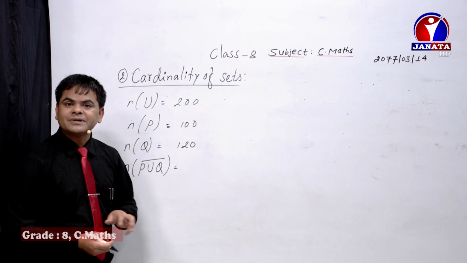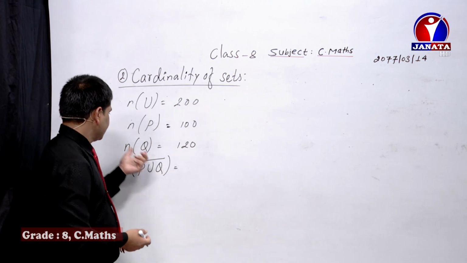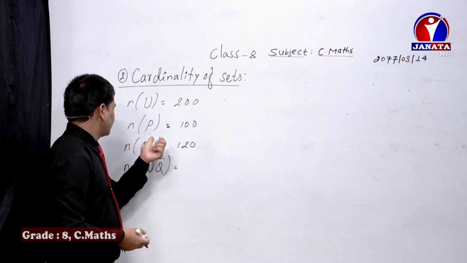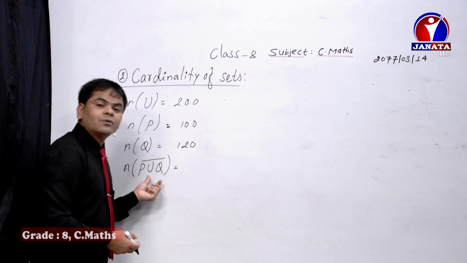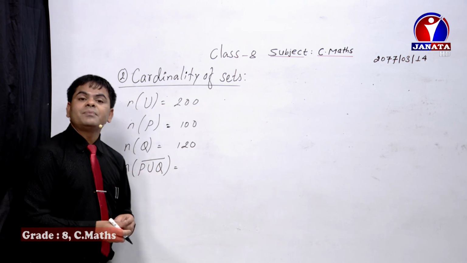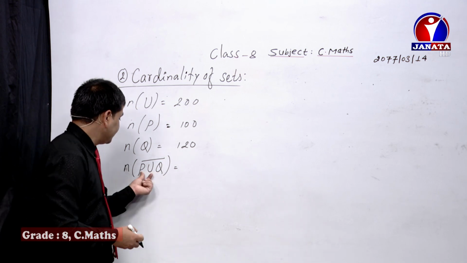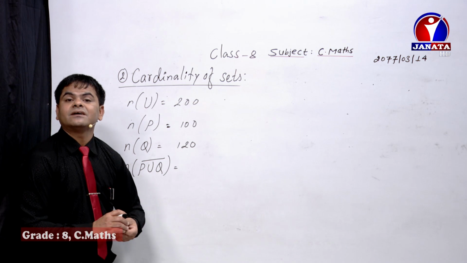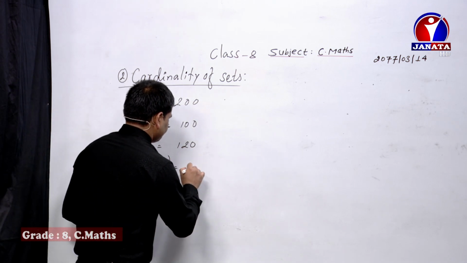As I have written P, in the place of P there may be another item, isn't it? Similarly, the number of people who like Q is 120, and the number of people who like neither P nor Q, which represents the complement area, let's include as 20.